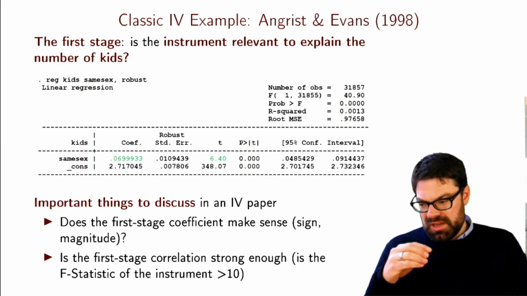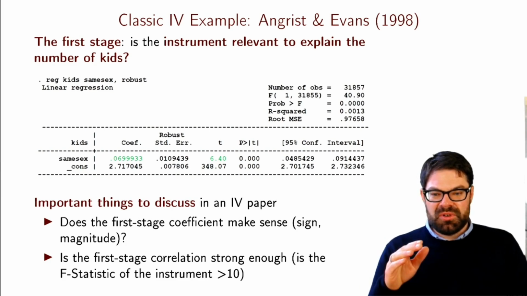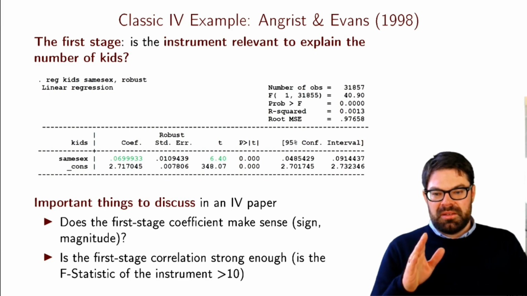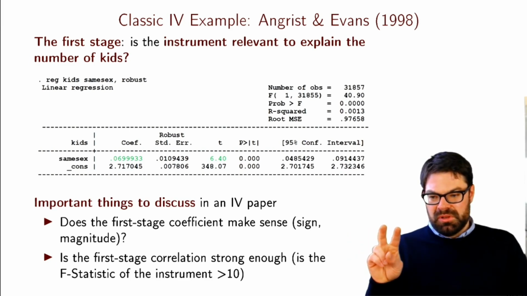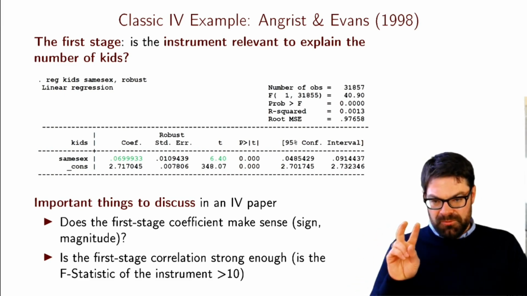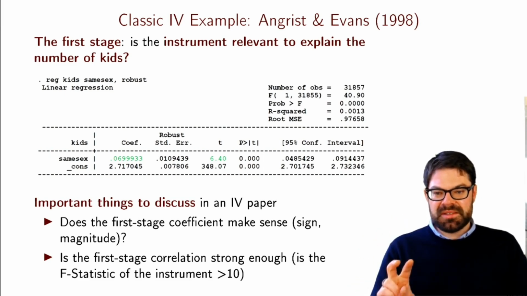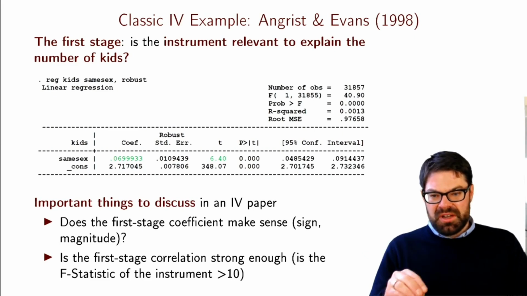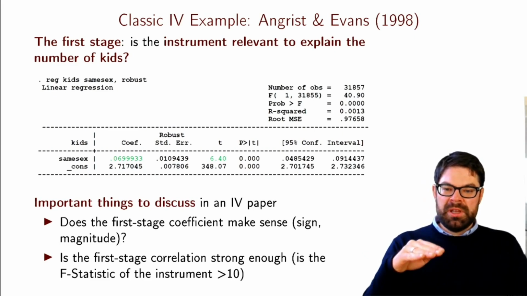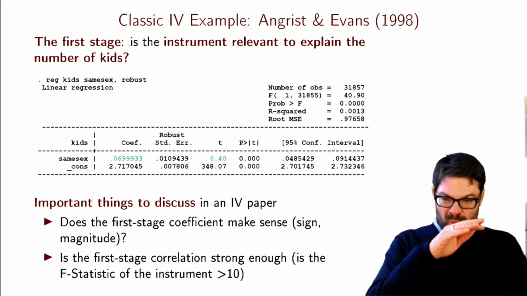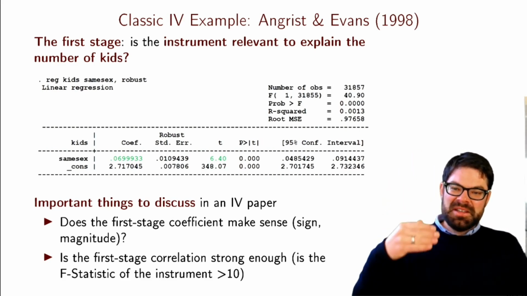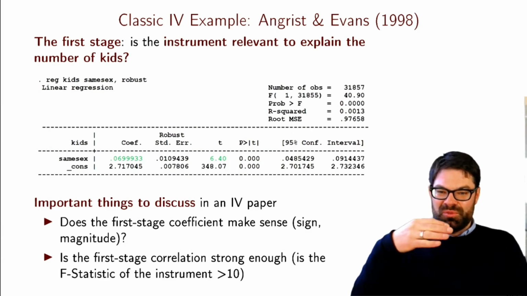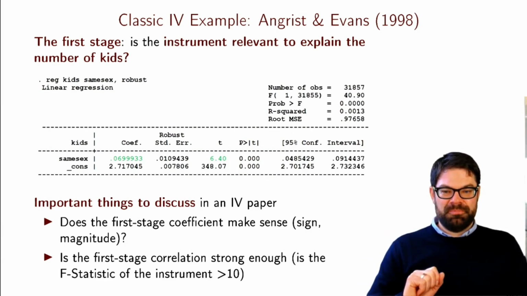So economically, it's not very strong. What it tells us is if your first two children have the same sex, those couples have 0.7 more kids than on average per couple than couples who have mixed sex children.